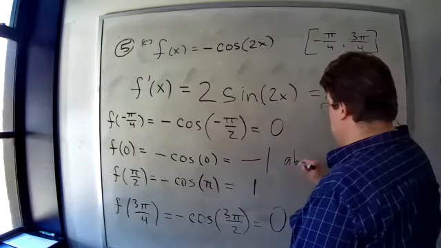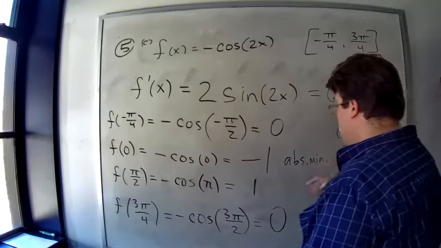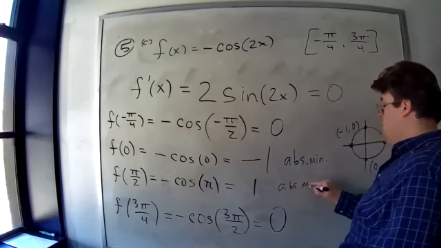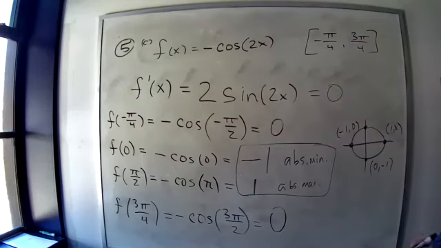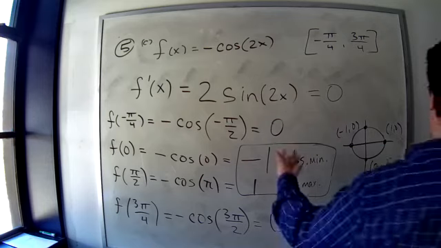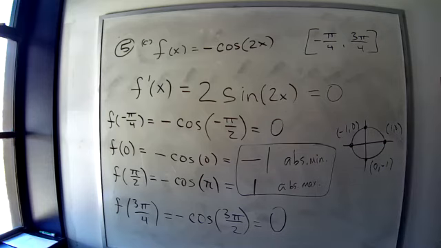So the smallest is the minimum. The largest is the maximum. So are there any questions about this one? This one there was a good deal to consider. So any questions about this?